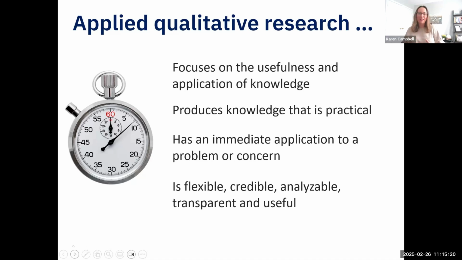And I do pull on health examples, but applied research might also work in many other fields where they are practice driven, or there is some sort of tangible outcome that we're looking for.